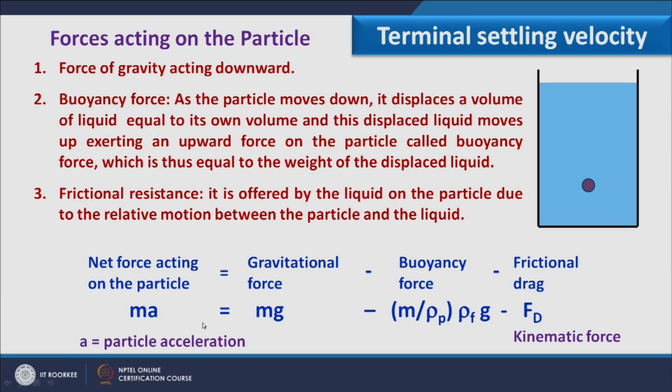When Fd increases, the acceleration will keep on decreasing. At some point, whatever force is acting on the particle, that is mg, will be equal to the buoyancy force plus frictional drag. At that time there will not be any net force acting on the particle, and the particle will move with zero acceleration, or we can say it will move with constant velocity.